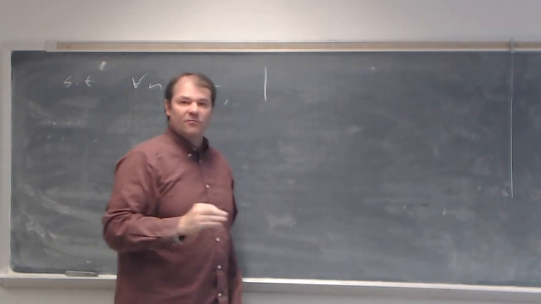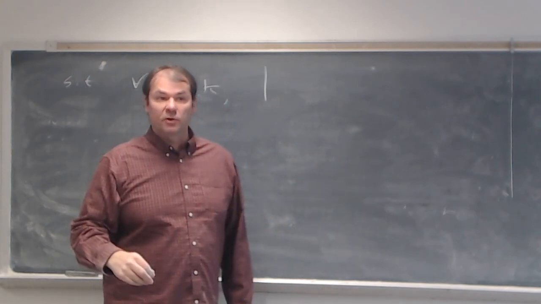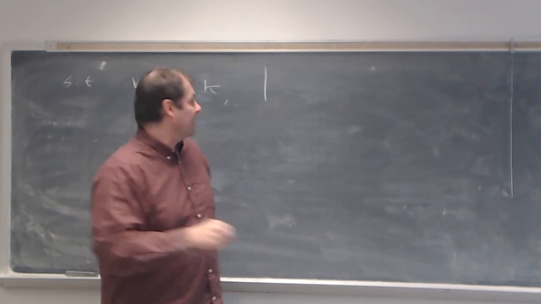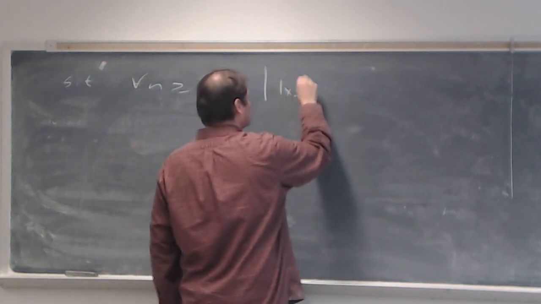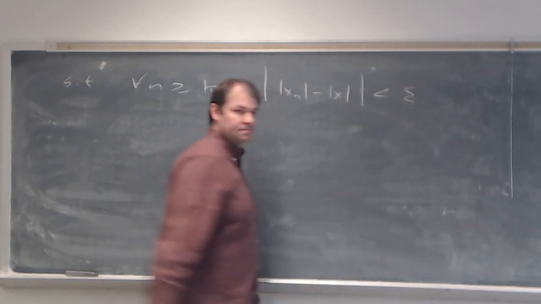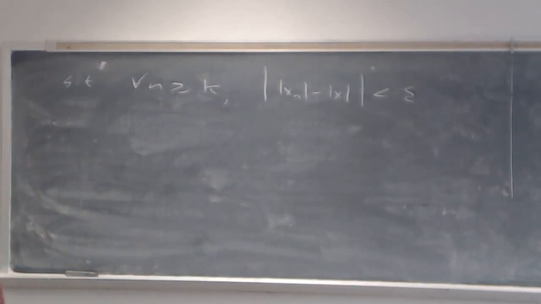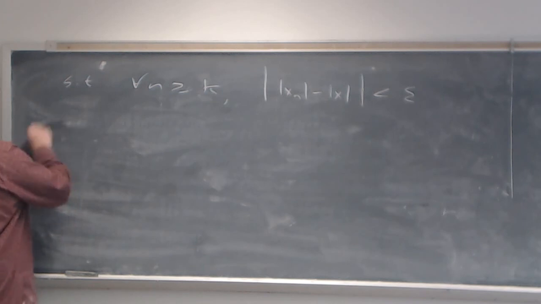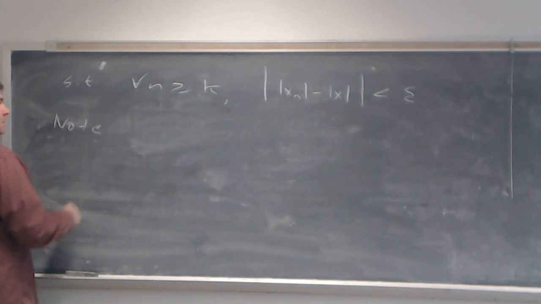Now here's where we have to be careful. Remember, I want to show the absolute value of x sub n converges to the absolute value of x. So I write down the absolute value of the absolute value of x sub n minus the absolute value of x is less than epsilon.